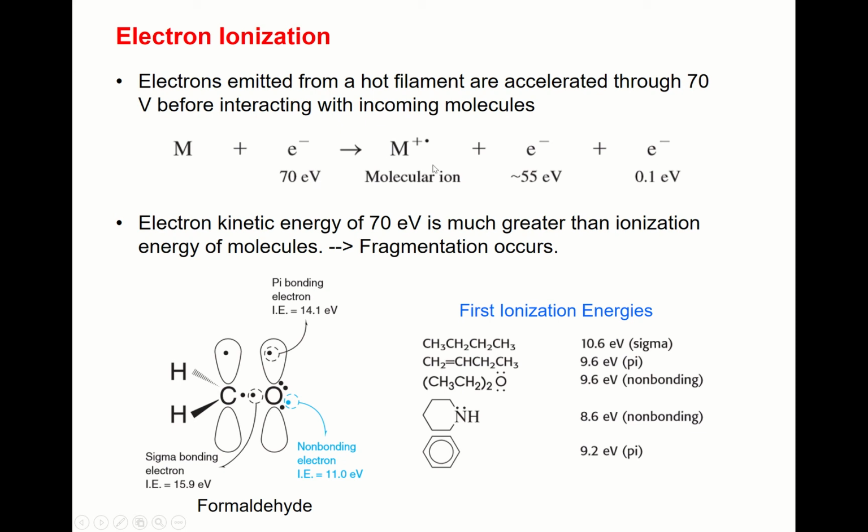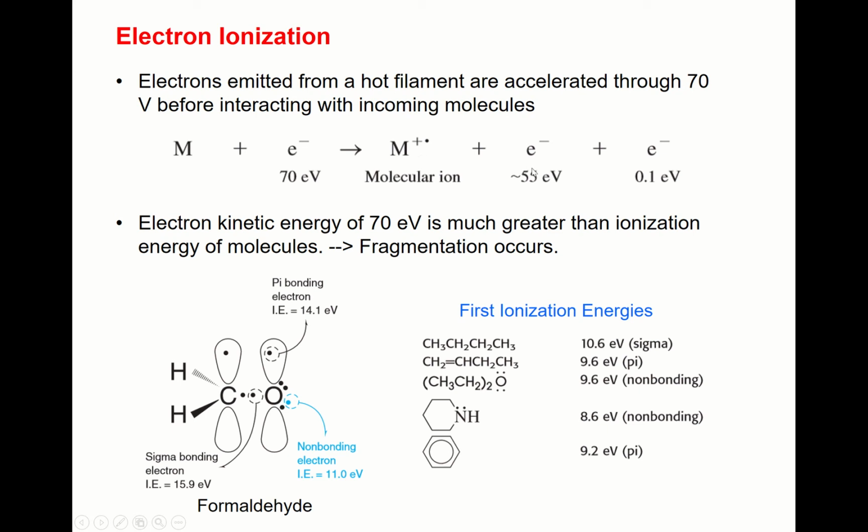Now molecules usually lose one electron, and then it becomes a positively charged ion, and usually a radical. And this electron now loses energy because it collided with this molecule, and also one electron is ejected from this molecule.